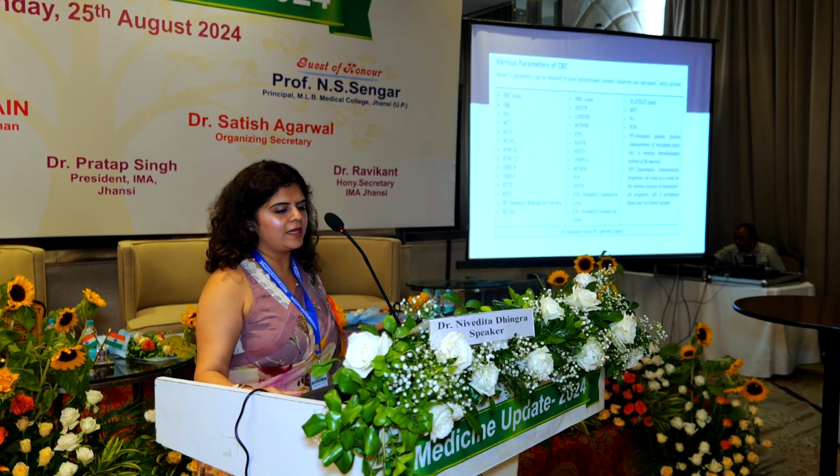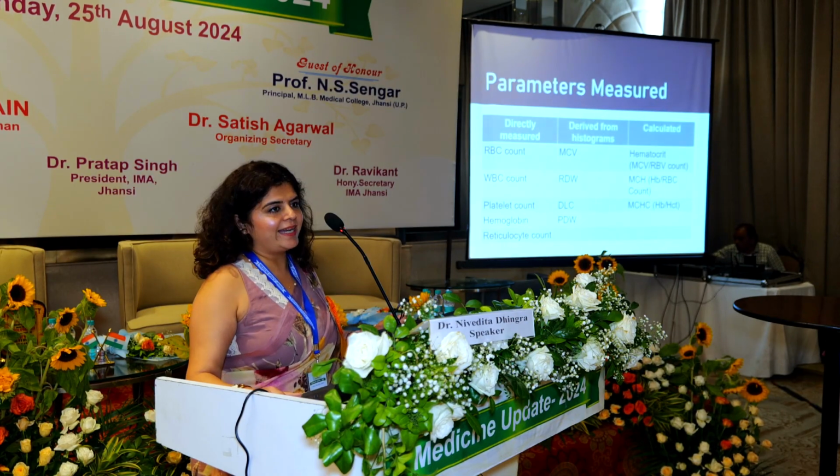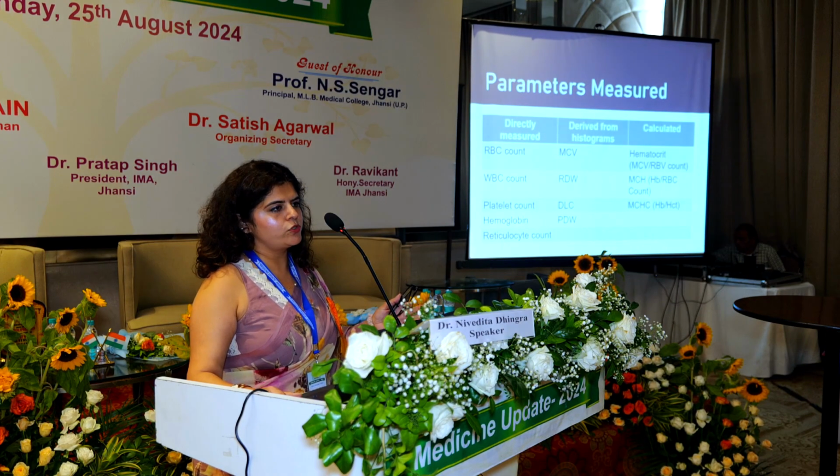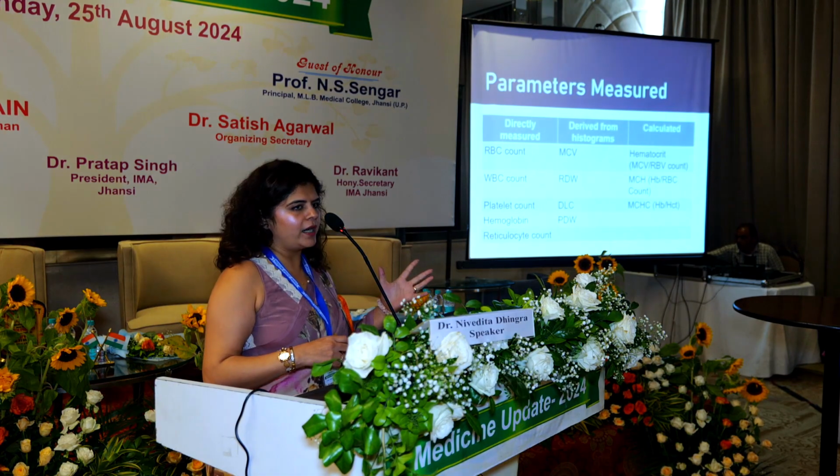When we look at various parameters of CBC, there are approximately 33 parameters that can be taken out. Some are directly measured, some are calculated from a CBC analyzer. But what are the important parameters? You must have heard sometimes that there is a 5-part differential or a 3-part differential.